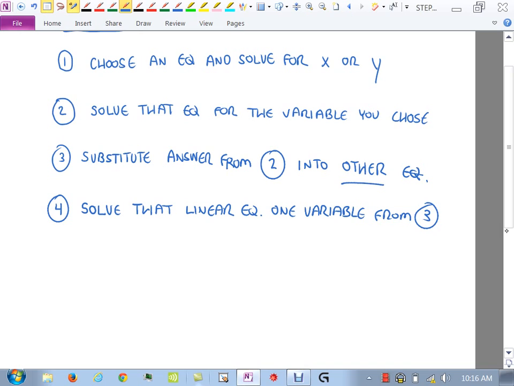Plug that into what? Which one? The one from step 2. Plug answer from step 4 into step 2. Step 2's equation. I mean, that's basically what the steps are if you try and write them down, and they're confusing.